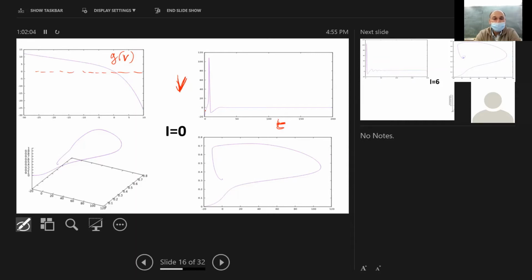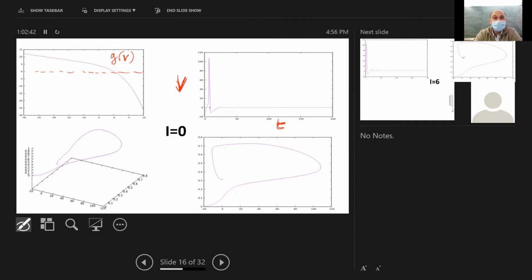Does somebody have an idea about what this may represent from a modeling point of view? This shape is quite typical of something. You may know it or not. This is typical of an action potential in the brain.